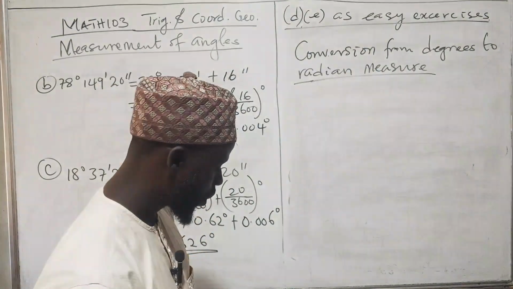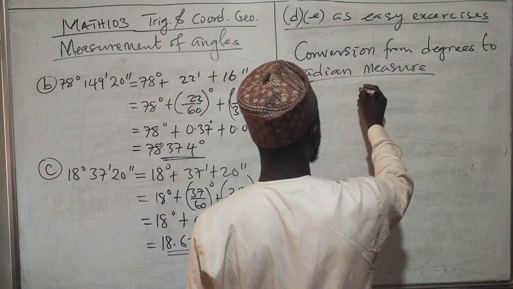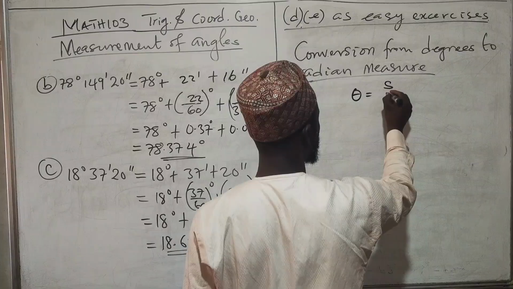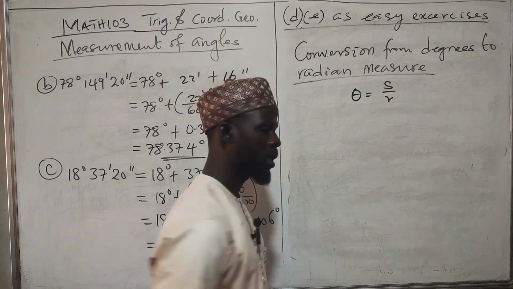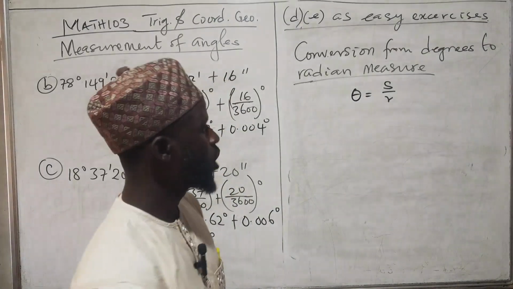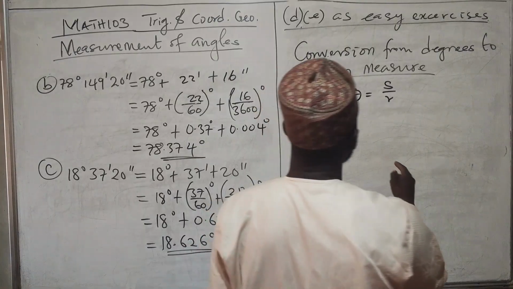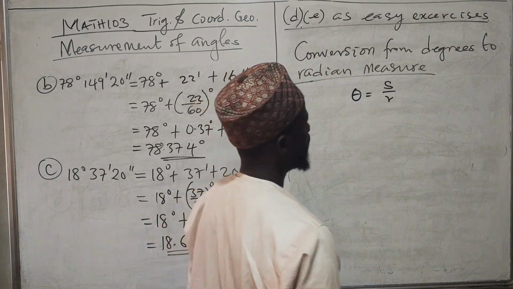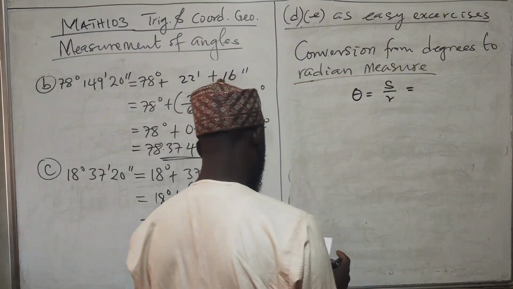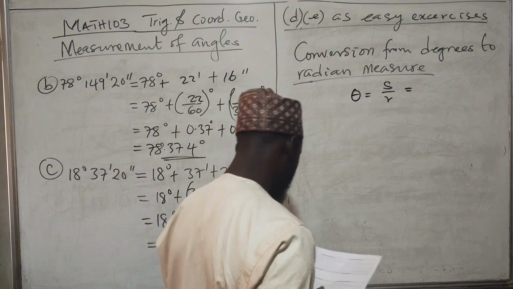So recall in our first introduction that theta is equal to S over R. That's the length of arc over the radius of the circle, which we have demonstrated in the previous picture. But after a complete rotation, in degrees, theta is 360 degrees.